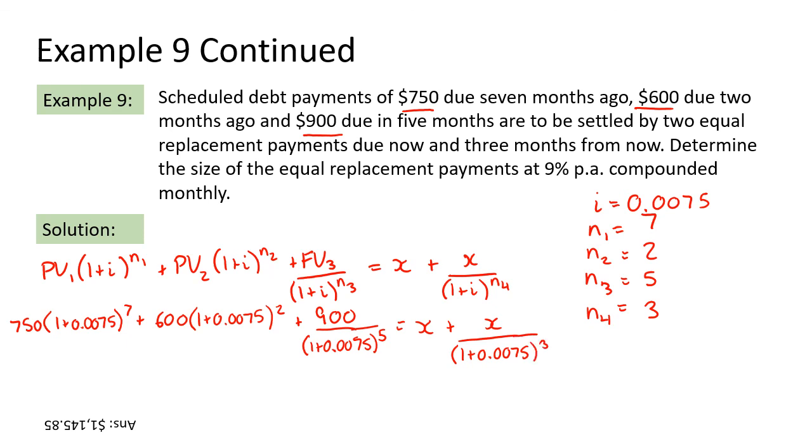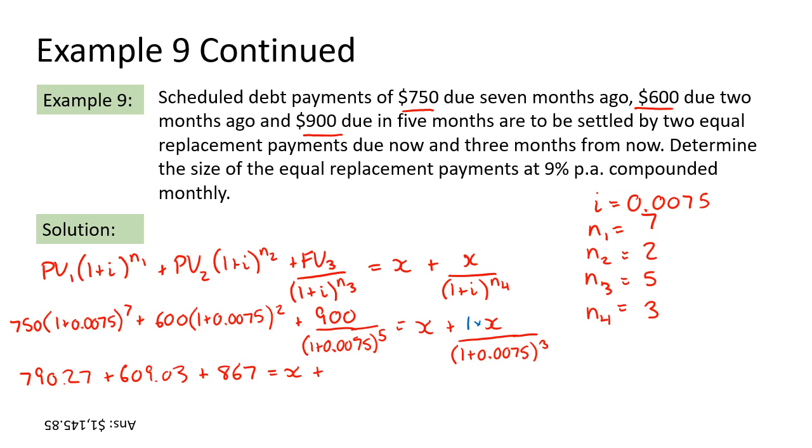All right? So I'm going to just simplify each of these using my calculator. So the first item, if you multiply it out, you get $790.27. The second one becomes $609.27. And the third one becomes $867. That's just rounding. Okay, and that is equal to x plus, remember that having this x in the numerator is the same as having 1 multiplied by x in the numerator.